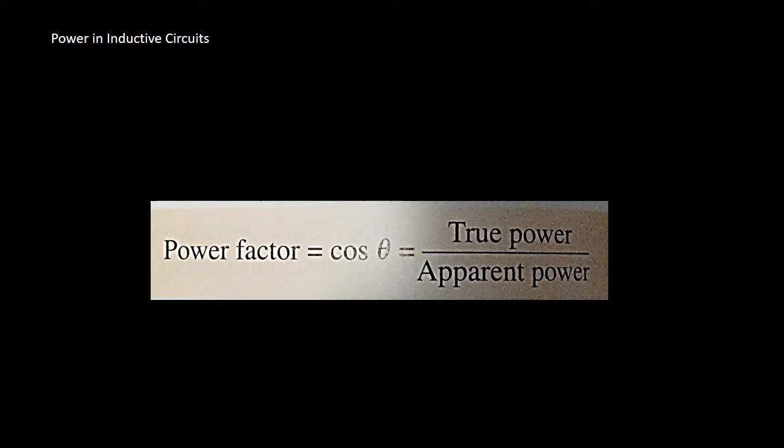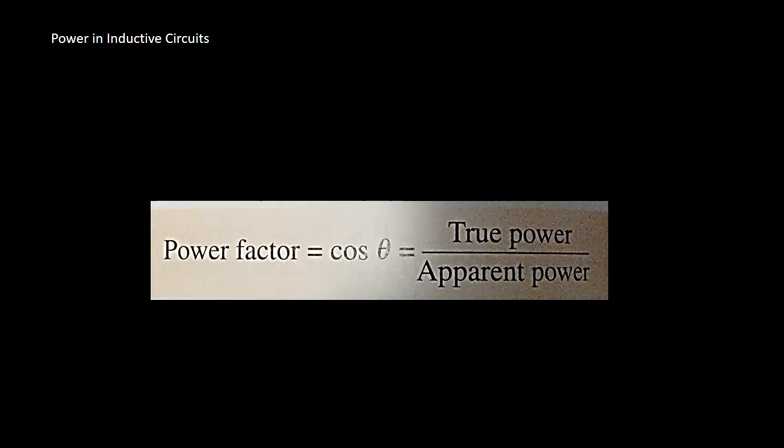The power factor. The ratio of true power to apparent power in an AC circuit is called the power factor, or PF. It has no units. It can be calculated using trigonometry.